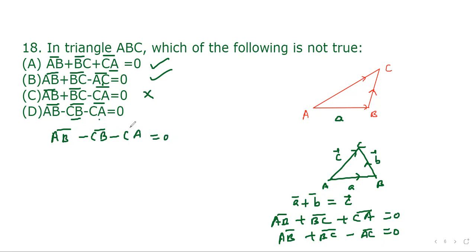So we know from this AB plus BC. If we write it in a reverse way, it will carry a negative sign. So we can say AB plus BC plus AC equal to 0. But this is again a wrong case. So we have got answer C as wrong, and answer D is also wrong.